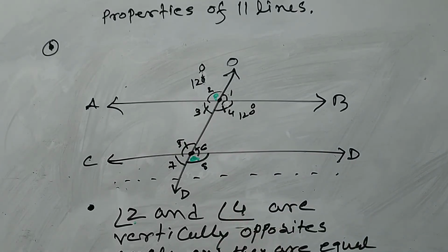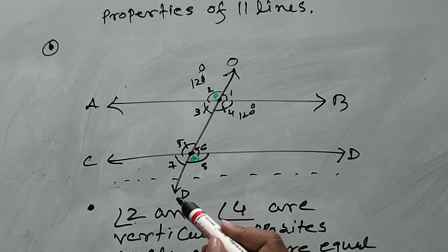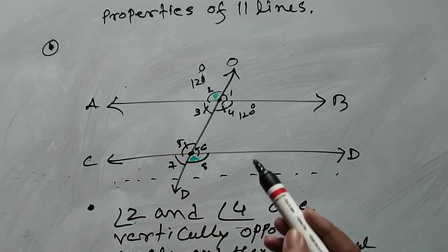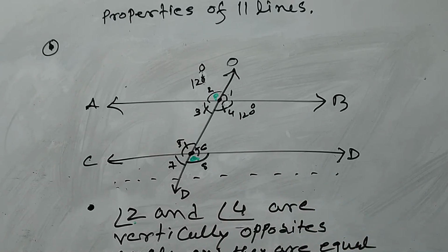Like this, angle 5 equals angle 8, angle 7 equals angle 6, and angle 3 equals angle 1, because they are vertically opposite and they are equal. Remember it.